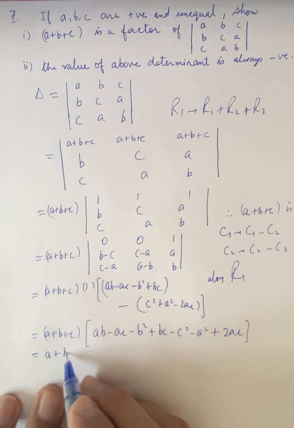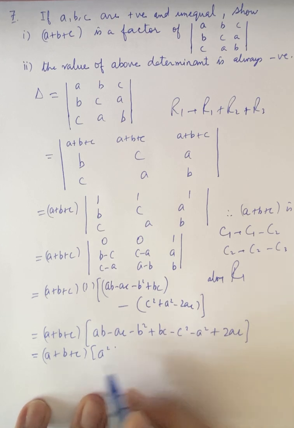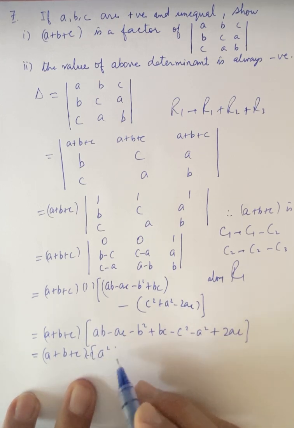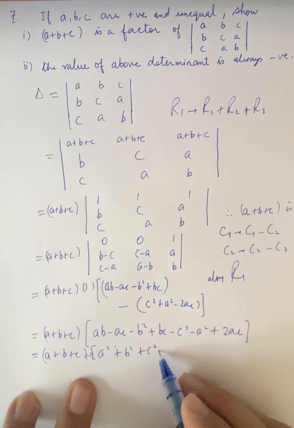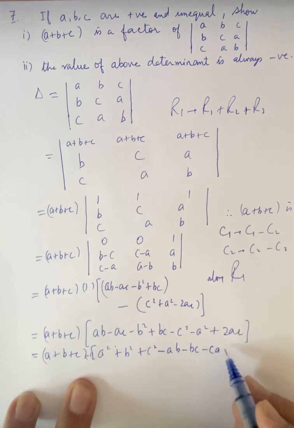This is a plus b plus c. We take minus sign common, minus 1, it's a square plus b square plus c square, and then it's minus ab minus bc minus ca.